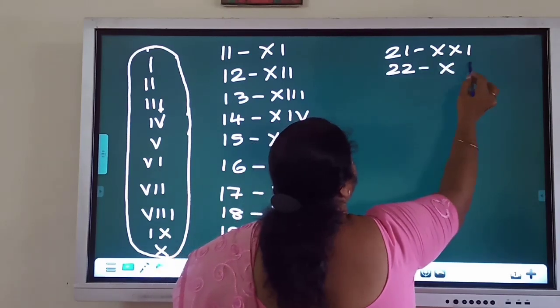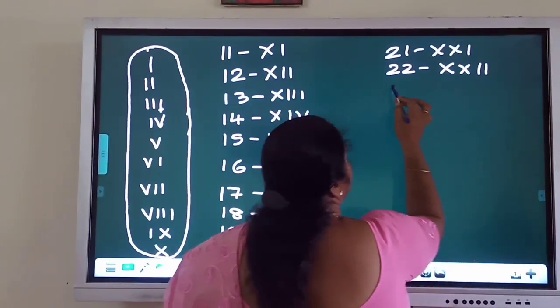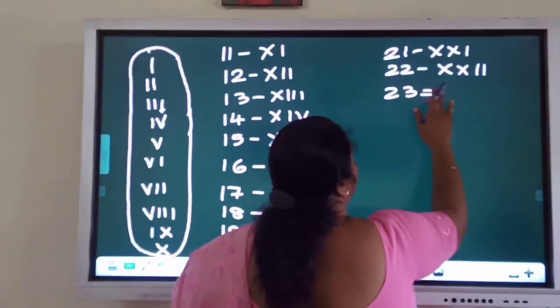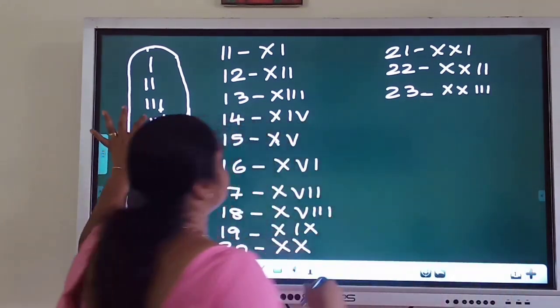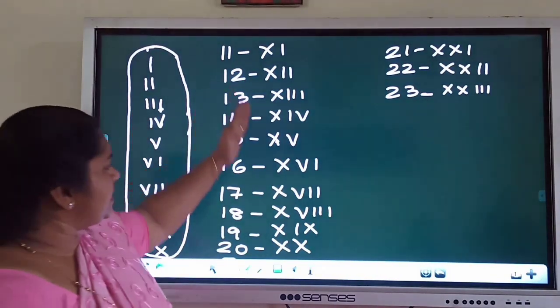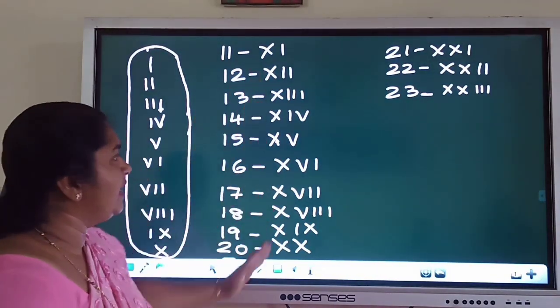22, 23. Same way how we have done. See here only one X is there on the left side.